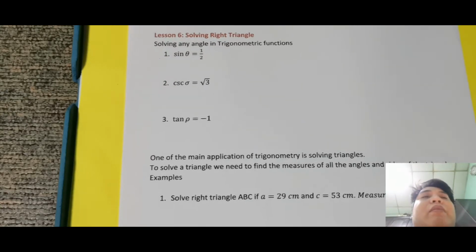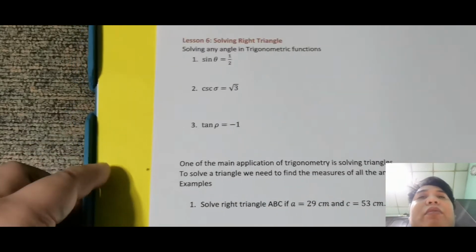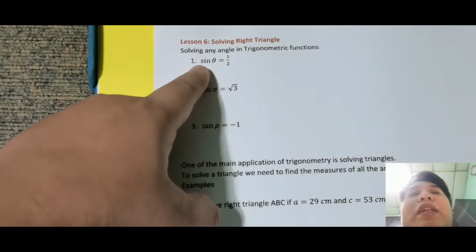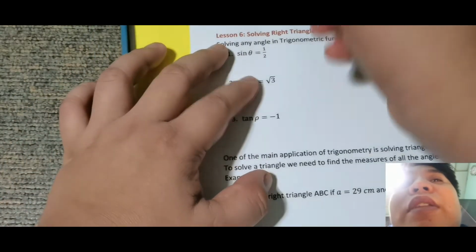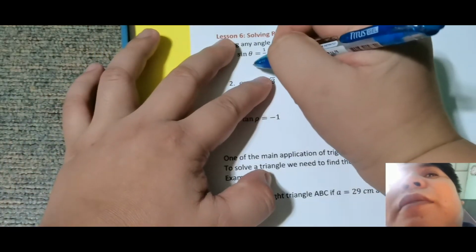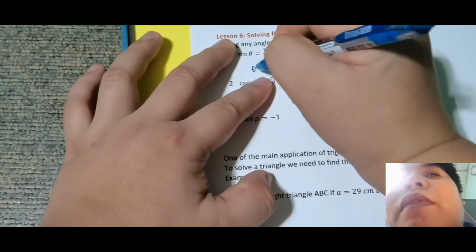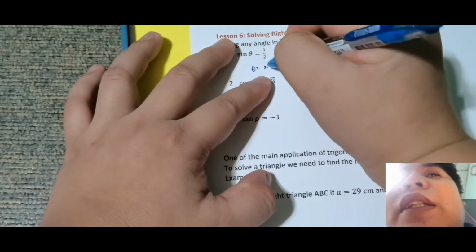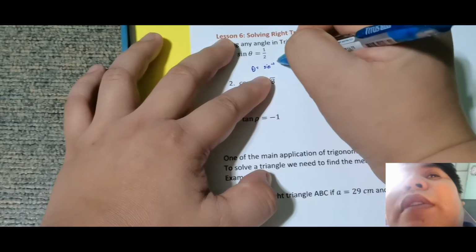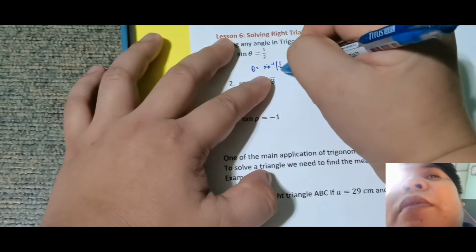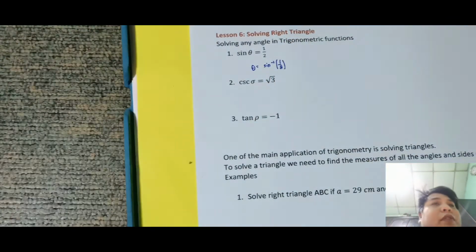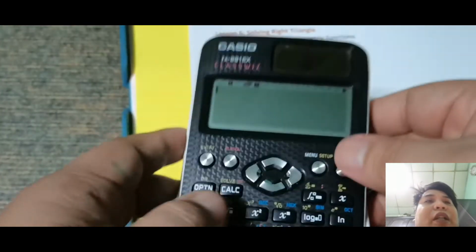For number 1, we have sine theta is equal to 1/2. Note, para matanggal yung sine theta dito, ito ay magiging ganito lang. This is theta, which is equal sa arc sine of 1/2. Ganyan gagawin, then saka mo input sa calcu.